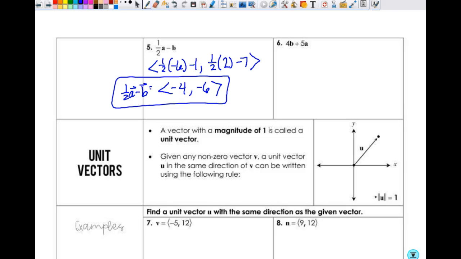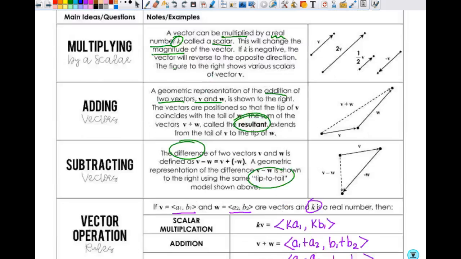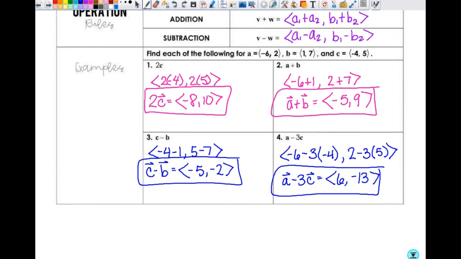Okay? So I need to do number 6 also? Do it. I'm going to give you some time. That's what I was trying to do, but then everybody was getting stuck, so I wanted to make sure we knew what we were doing.